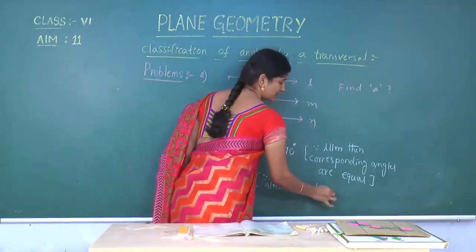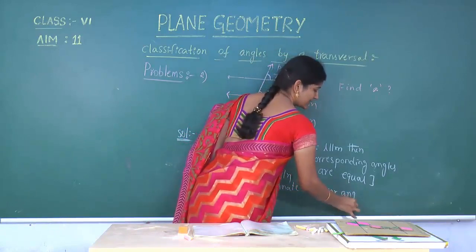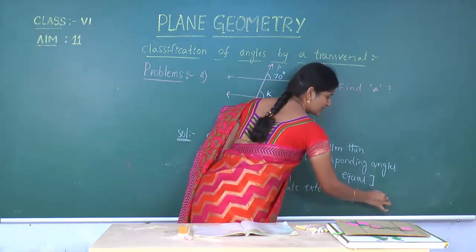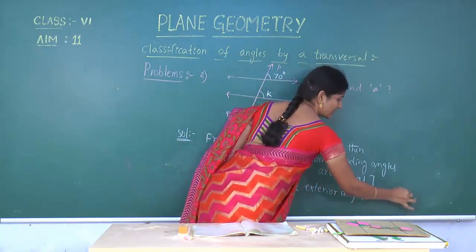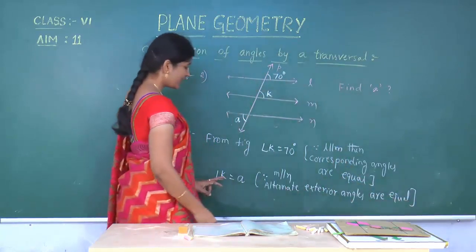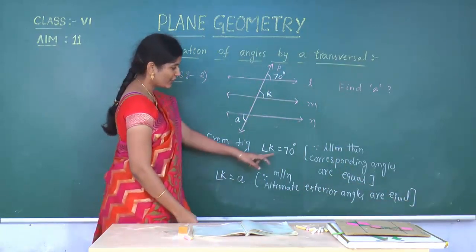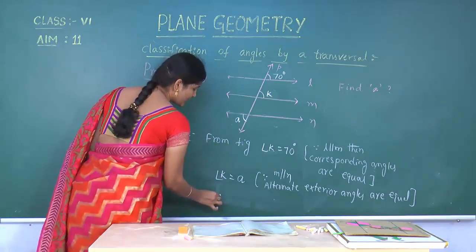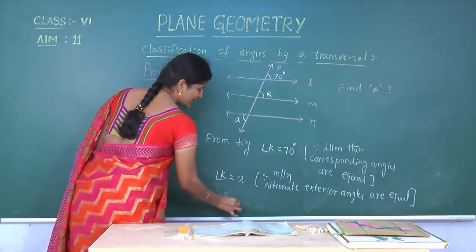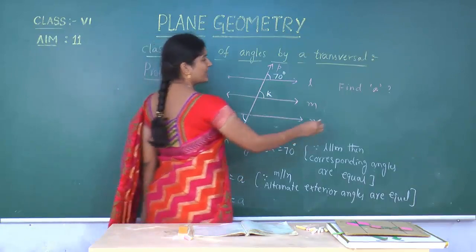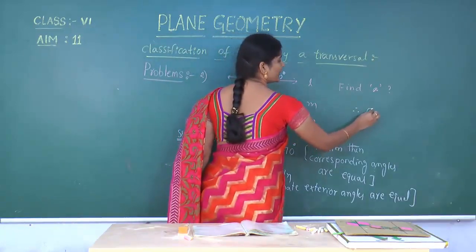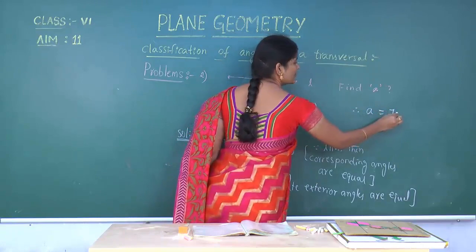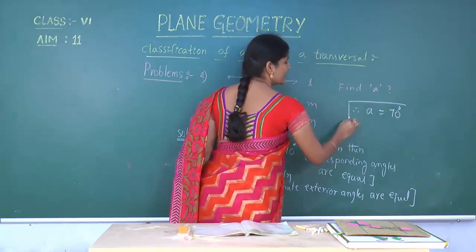So what is the value of angle K? We know that it is none other than 70 degrees. So in the place of K we can keep 70. Therefore finally we can say A is equal to 70 degrees.